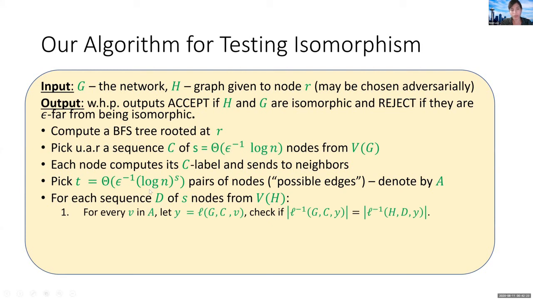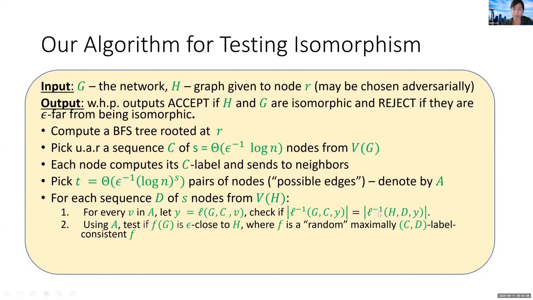And for each such sequence, we go over all the vertices in A. We check whether the number of vertices that have the label Y, where Y is the label of a vertex in A, is the same as the number of vertices that have the label Y in H. If this is indeed the case, then by using A, we test whether F of G is epsilon-close to H, where F is a random maximally CD label consistent F. We accept if and only if some F passes the test.